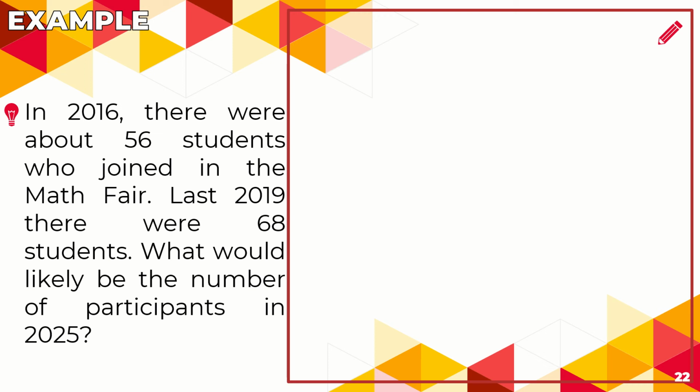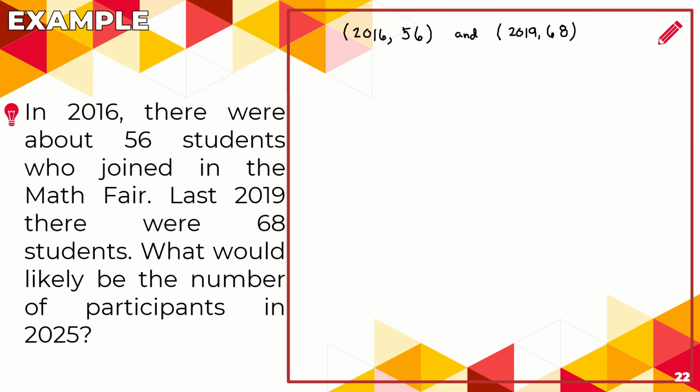Based on our given, we have a year and the number of students who joined the mathematics fair. Let's rewrite this as coordinates. Year 2016, we have 56 students. And in year 2019, we have 68 students.